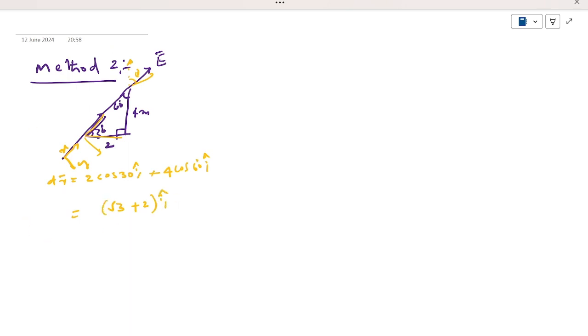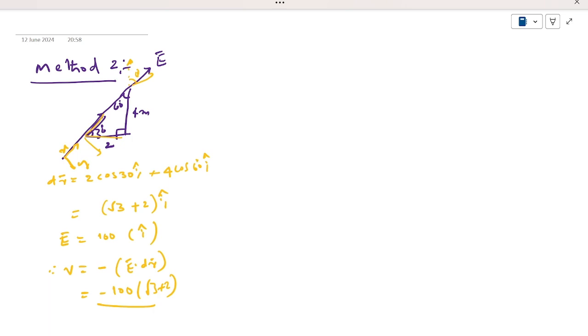And E direction I consider also I cap, therefore E bar is equal to 100 I cap. Therefore potential is equal to minus E bar dot dr bar, that is minus 100 I cap dot I cap times root 3 plus 2. So this is another method.